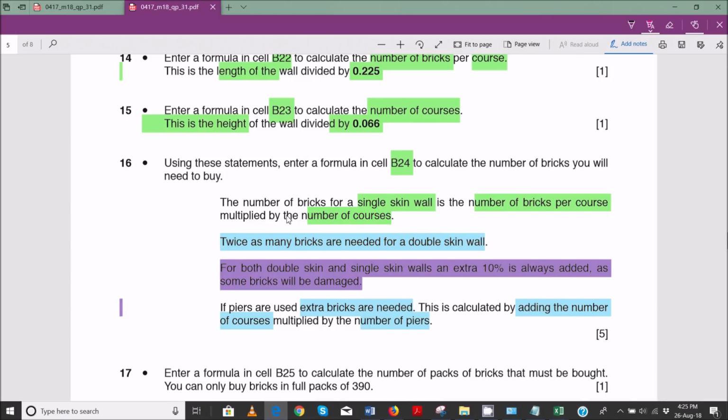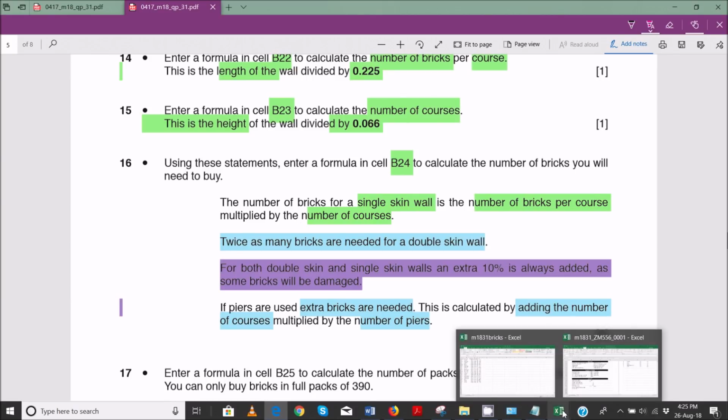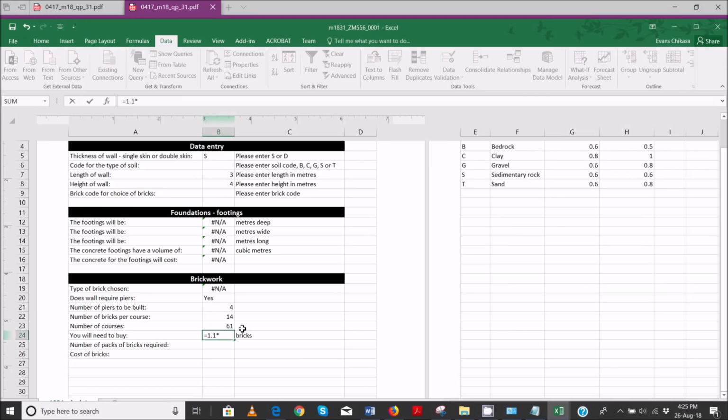Now we can come back here. We check if it's a single skin, then we do something. Also, we check if it's a double skin, then we do something. If it's not a single skin, then definitely it's a double skin. So you come here, multiply by, and then you have IF, and then the logical test, we need to test if it's a single skin.